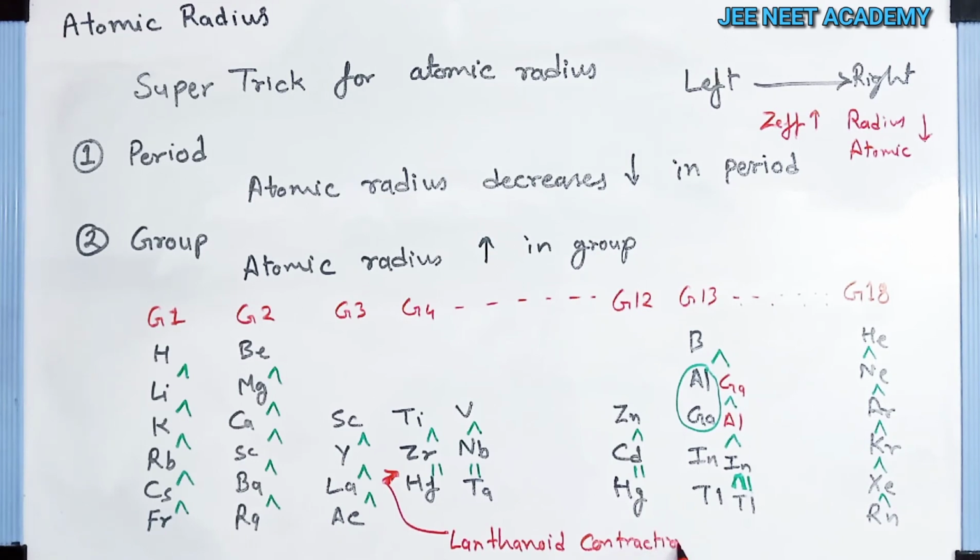Remember, because of the lanthanide contraction, the order is not increasing, and because of d-block contraction, the order is getting opposite. So this is all for the atomic radius concept.